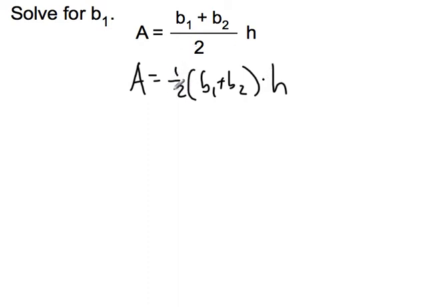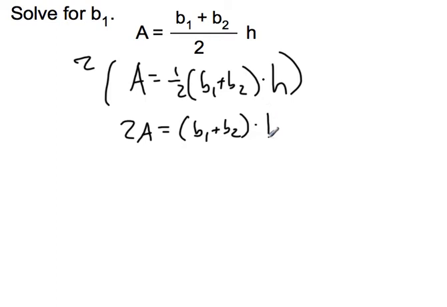So if I multiply the whole right side by 2 and the whole left side by 2, I'm going to get 2a over here, and then 2 times 1/2 is just 1, so I'm going to get b1 plus b2 quantity times h. There's no distribution to happen here because this is all one term because it's all multiplication. 1/2 times this thing in parentheses times this, so there's no distribution.